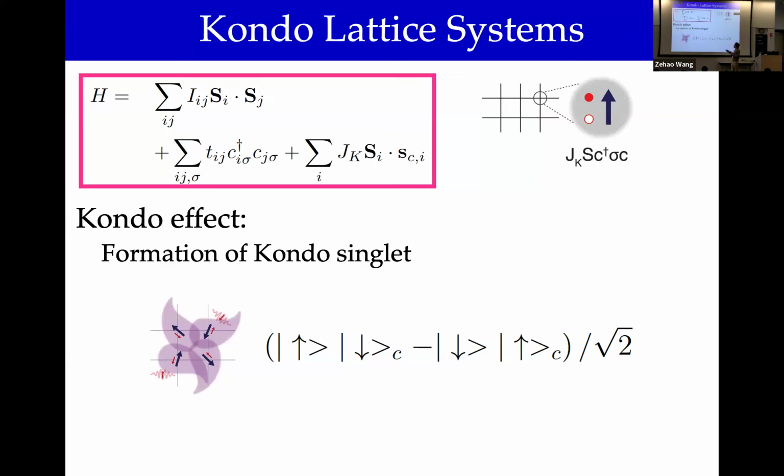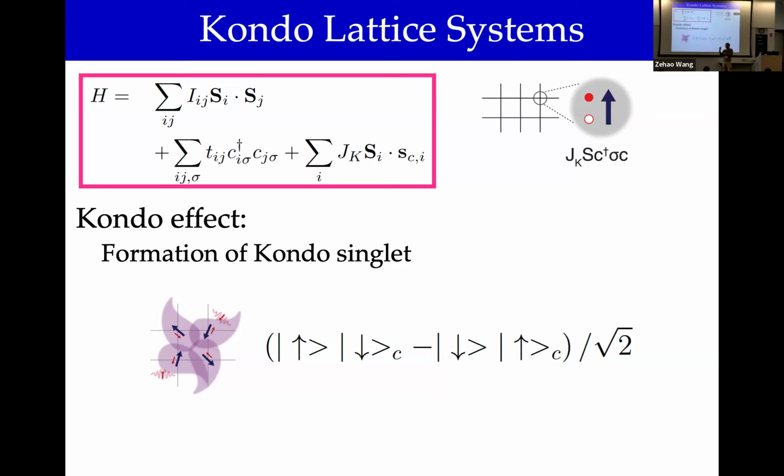I just want to finish the physics or chemistry part of it. You can say, wait a second, I've learned that there are 7 f orbitals, so there are 14 states to worry about. Why do you only consider a spin 1/2 degree of freedom? That part is actually very important for these materials.